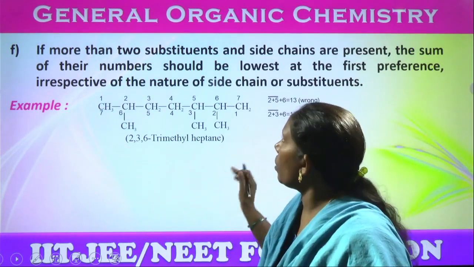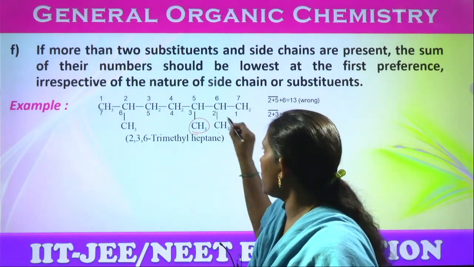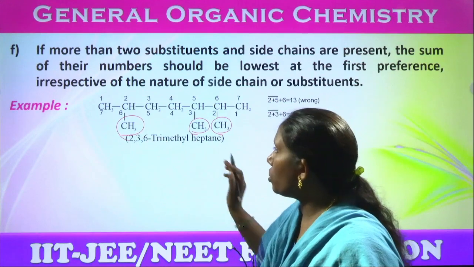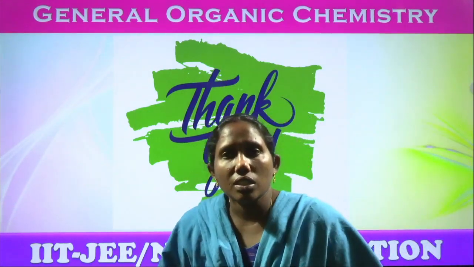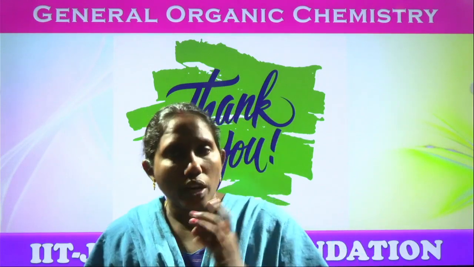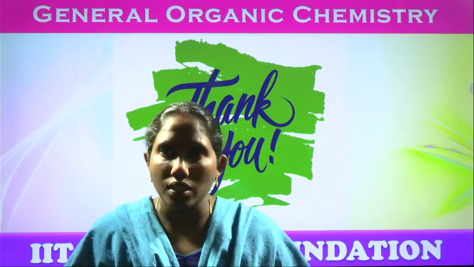Irrespective of that one, this point we have already discussed. When more than 2 substituents, CH3, CH3, CH3, are present, we have to go to 2, 3, 6 trimethyl heptane like that, right? So this uses the longest chain rule and the lowest sum rule. How to do the naming, we have already discussed in this video.